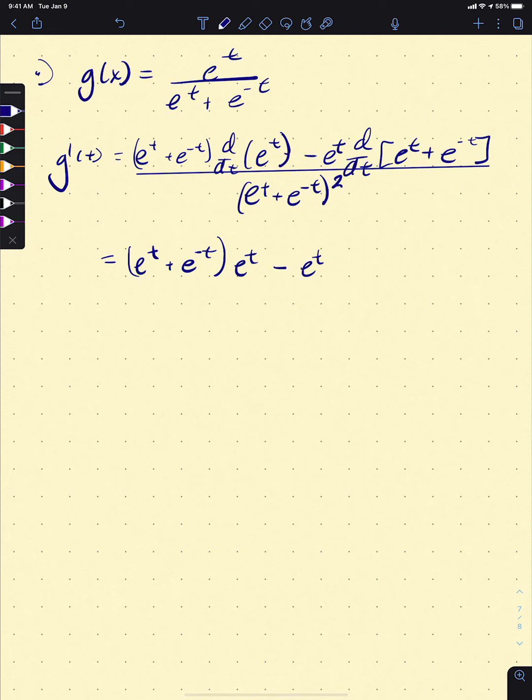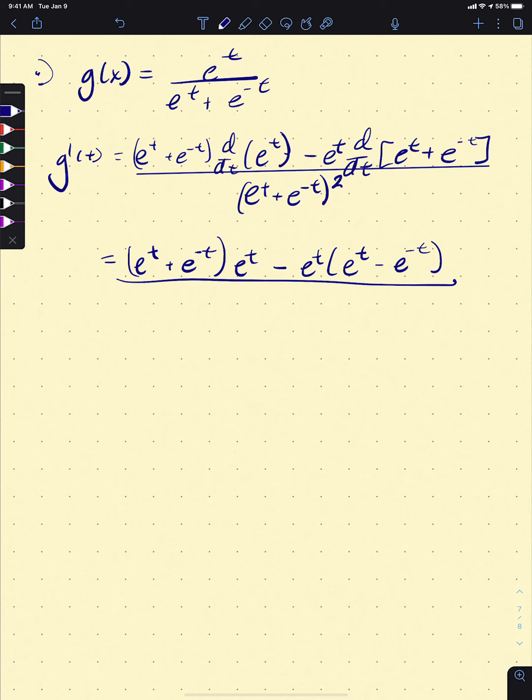The derivative of this guy, we're going to get e to the minus t. And then this negative 1 is going to drop down. So we're going to have minus e to the minus t, okay? All once again over e to the t plus e to the minus t squared.